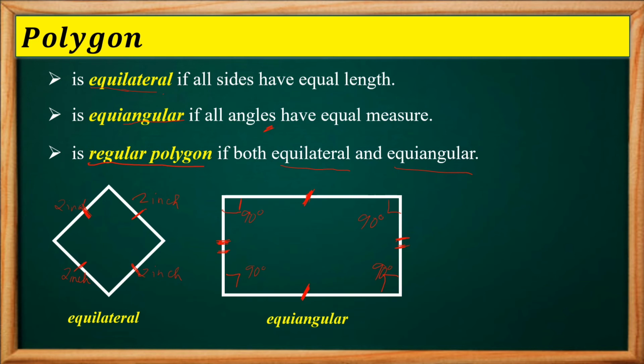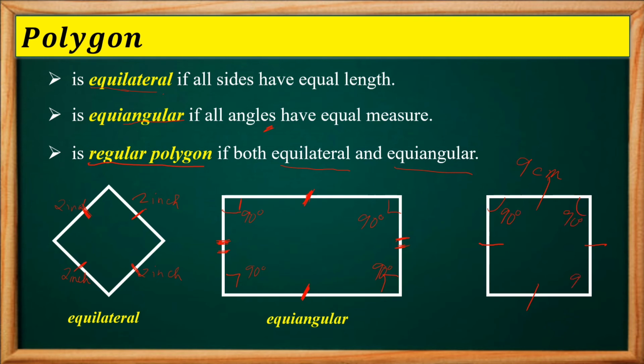Ibig sabihin, all sides are equal. If it measures 9 centimeters, all of these sides measure 9 centimeters. And all angles are 90 degrees. That is regular polygon. All sides are equal, all angles are equal.